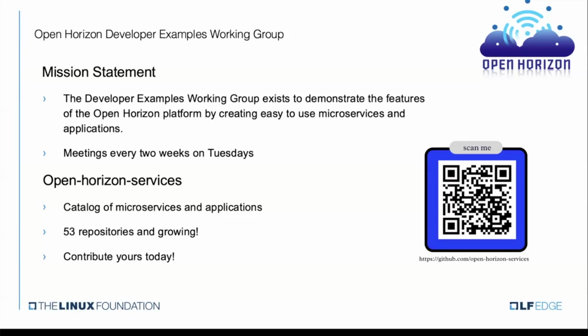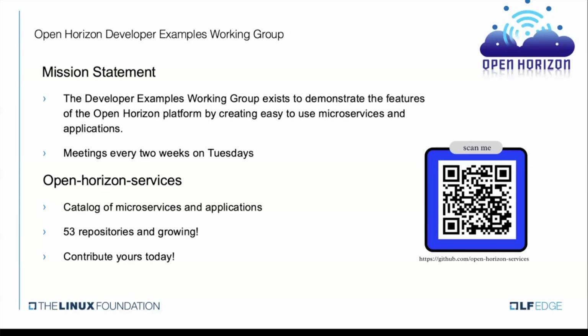Growing all the time thanks to our coding assistants. I've seen a big uptick since October, I think we had 44. So growing all the time. If you want to contribute something, that's a link to our catalog there, a QR code on the side.